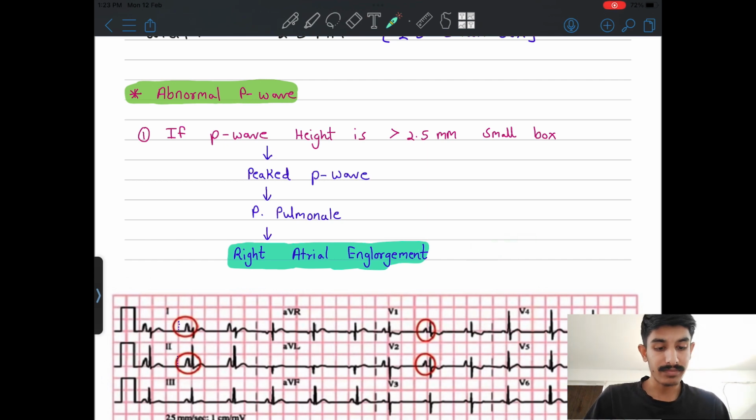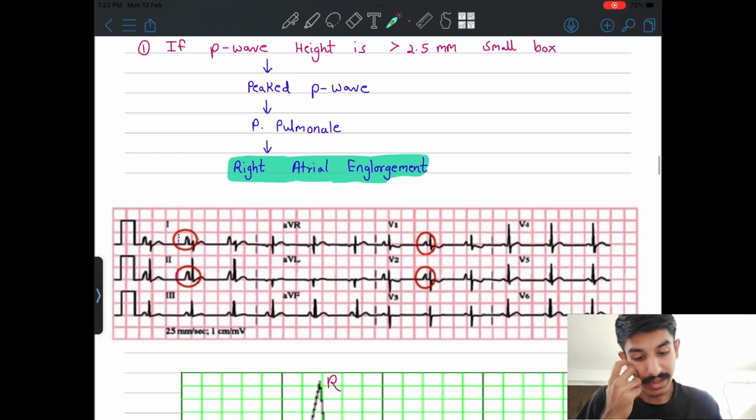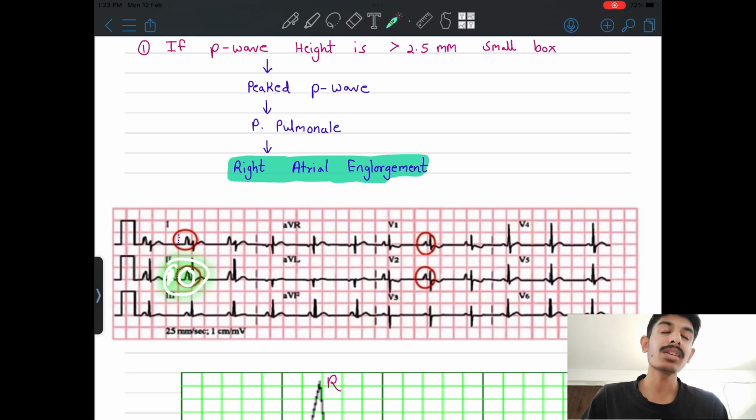So where will you check? Go to the second lead. As you can see in the second lead, I marked these points here, and it is more than 2.5 mm. So always look at the second lead, and if it is more, then it is right atrial enlargement. I am talking about the abnormal P wave. If it is 2.5, then it's normal.